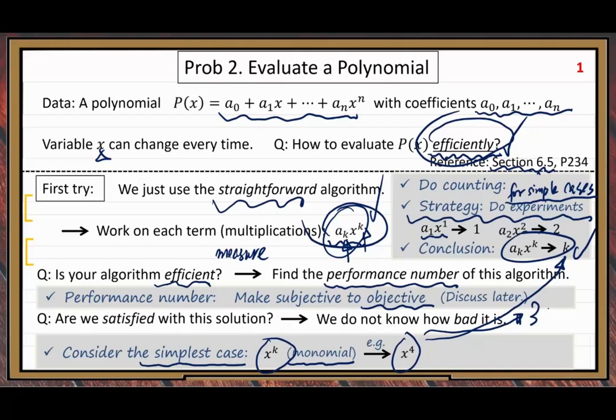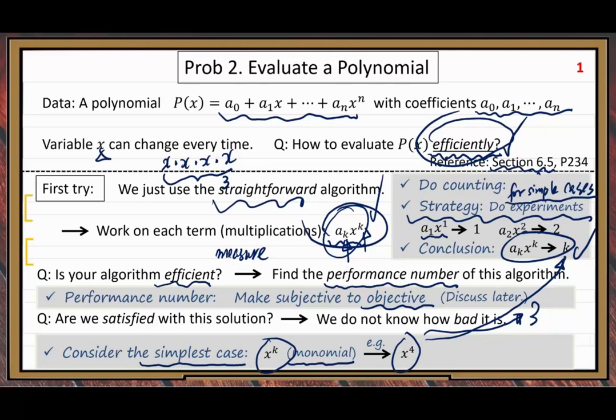To calculate x to the 4th, we need to do multiplication 3 times. Let's say x times x times x times x: 3 dots, 3 multiplications.